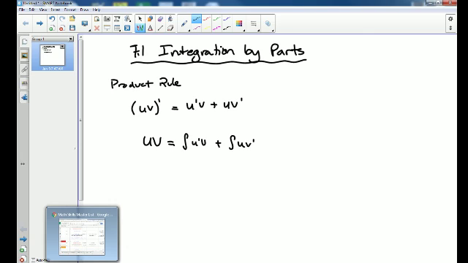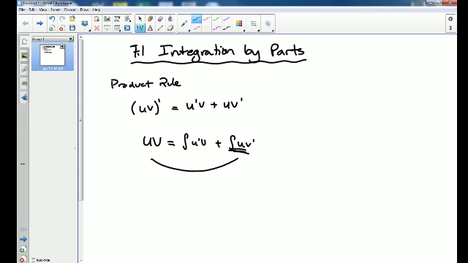What we're going to do is manipulate this, move this over here. We're going to have one single integral left.